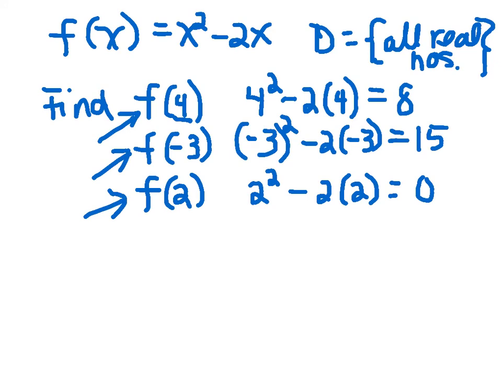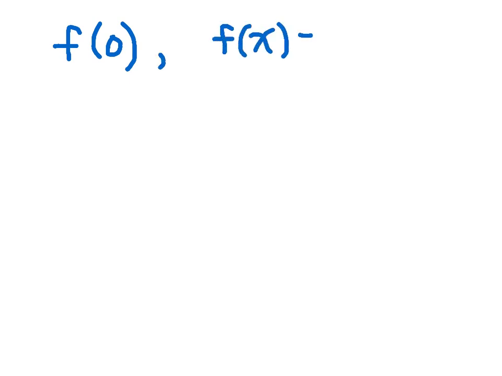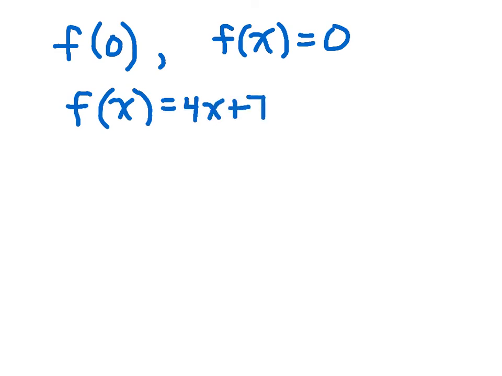The only other thing that comes up in this homework tonight are problems that say, for each function find f at 0 and then solve f at x equals 0. So let's say I've got the function that pairs x with 4x plus 7. Well, clearly f at 0 is just what we get when we plug in 0 for x, and that's 0 plus 7, or 7.